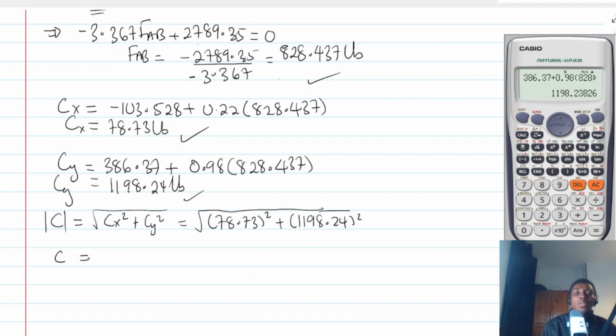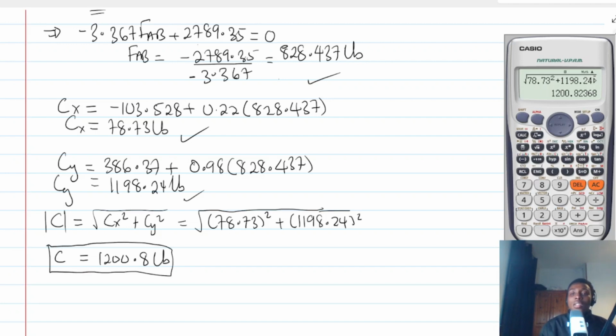And what is that? So the magnitude of C, or the reaction at C, is almost 1200.8 pound. Okay, so that is the magnitude of the reaction at C.